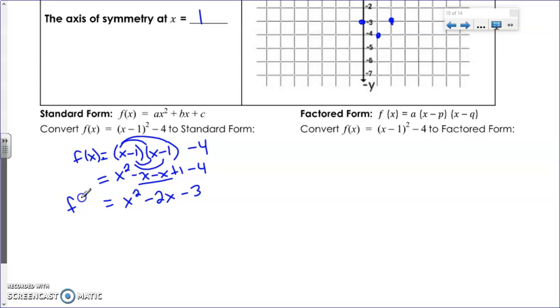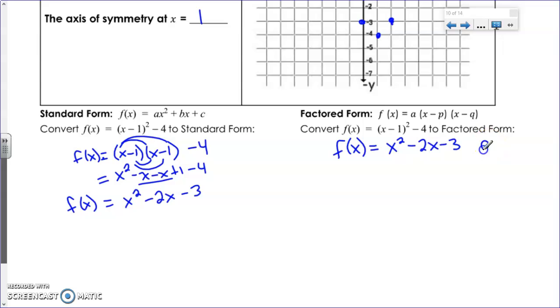So that is standard. Now what does standard tell me? The y-intercept, so I can quickly check the y-intercept should be (0, -3). Then I go over here, and I can't convert from vertex form to factored form without going through standard. So I'm going to use this, f of x equals x squared minus 2x minus 3.